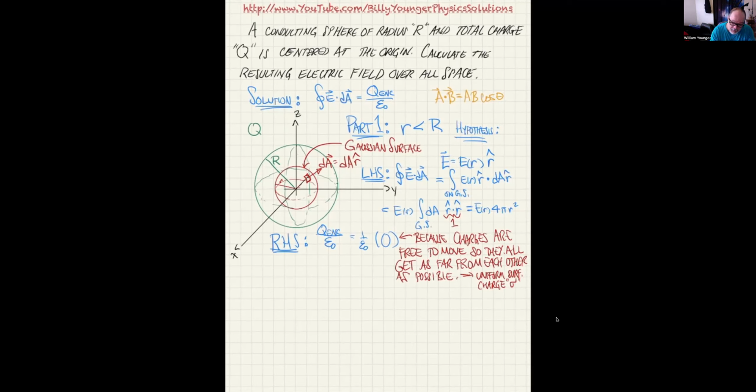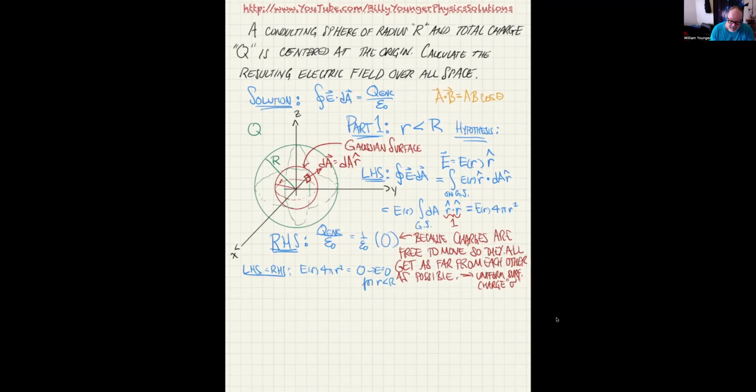So for this first part, I'm now going to say left-hand side equals right-hand side. And that's going to give me E of R times 4 pi R squared is equal to 0, which means E equals 0 for R less than big R.